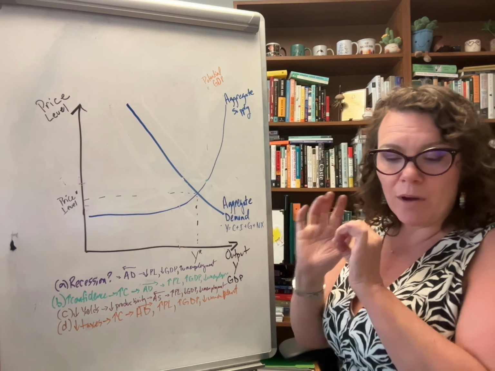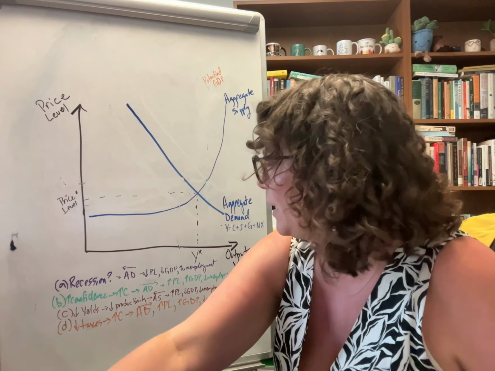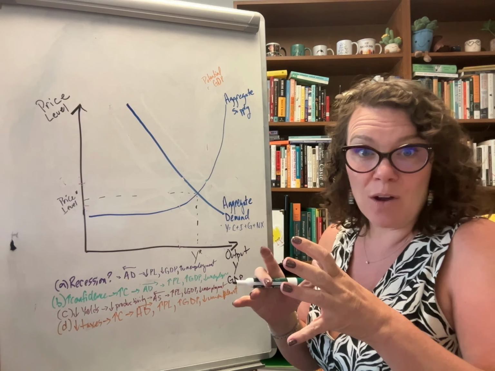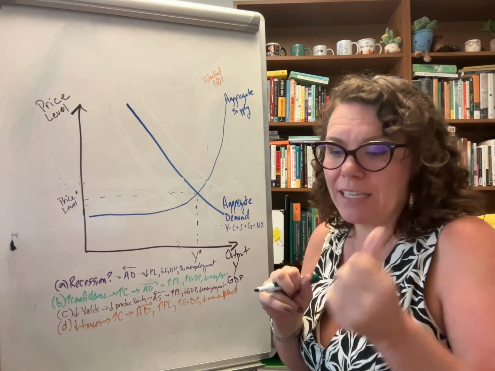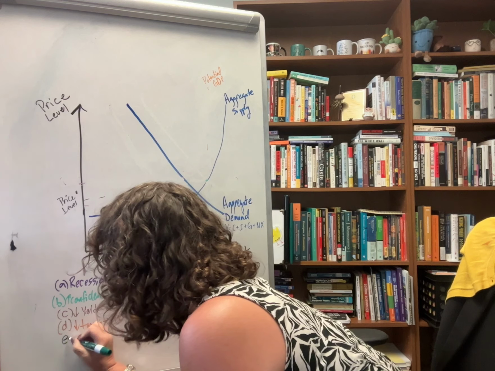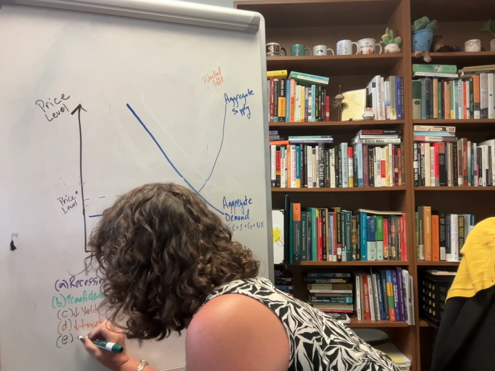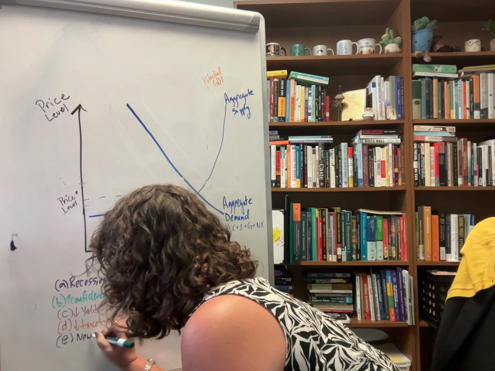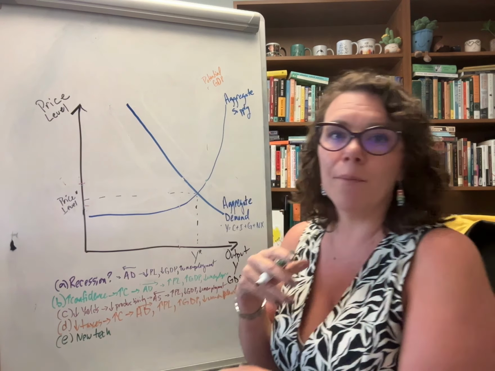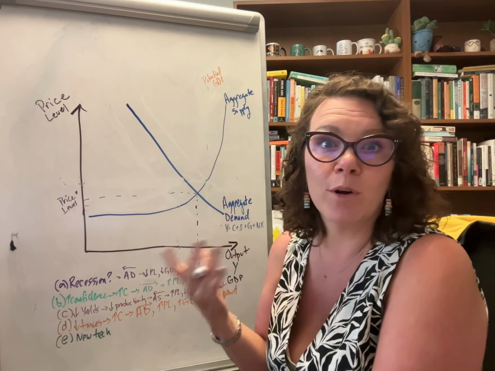But the last one we want to do, Part E, is going to be when we see aggregate supply shift out. And my favorite example of this is computers. We have seen so much growth in the productivity of computers. So new tech makes computers cheaper and more productive, right?